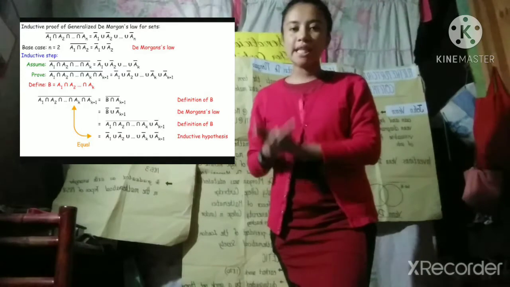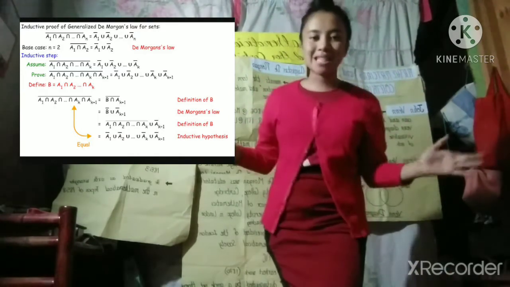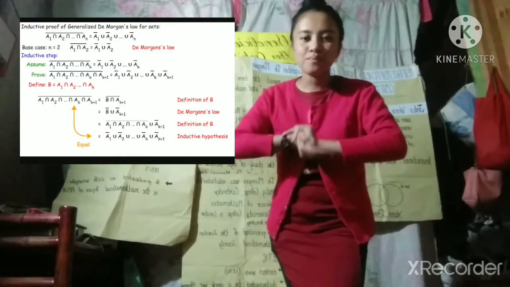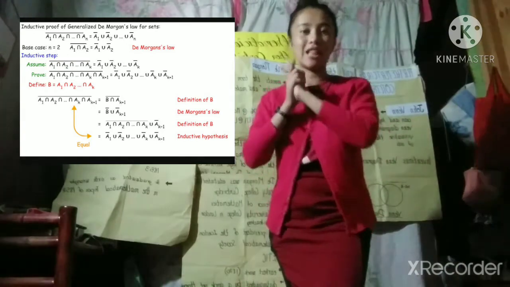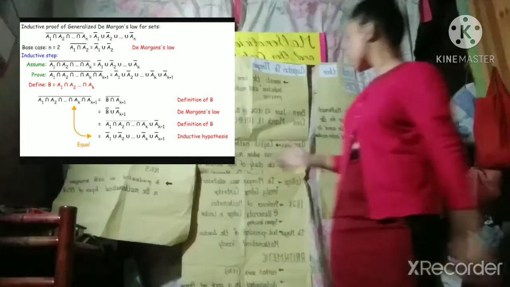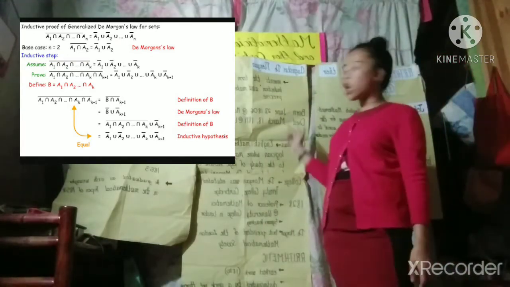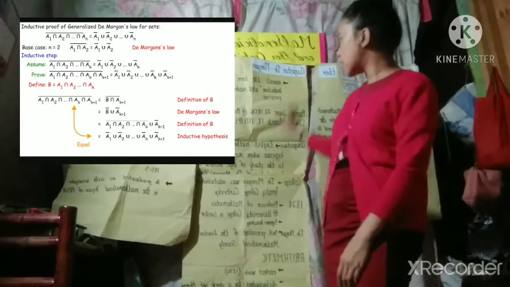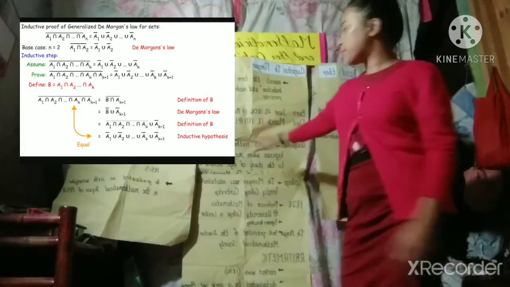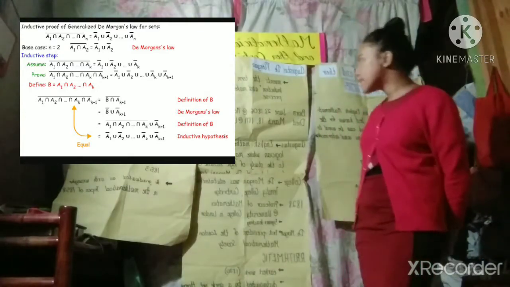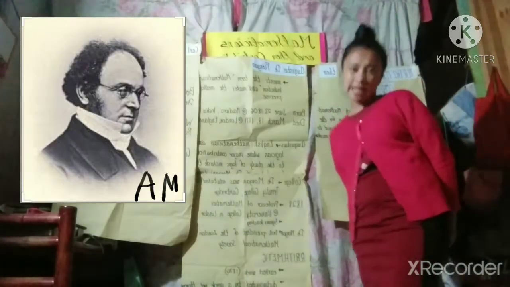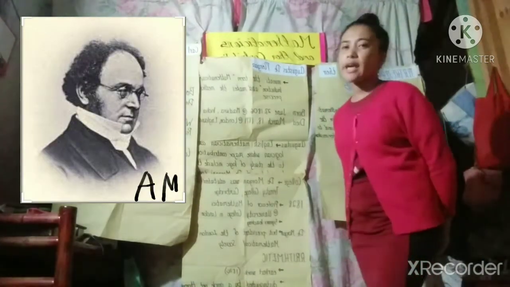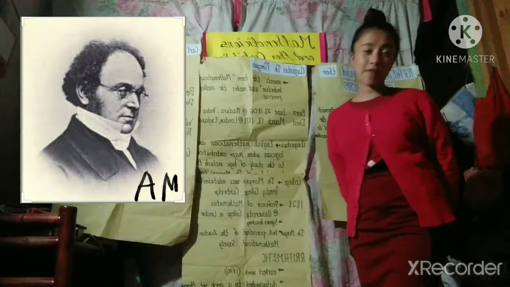He was a professor of mathematics at University College London. He was born on June 27, 1806 at Madura, India, and sad to say, he died on March 18, 1871.